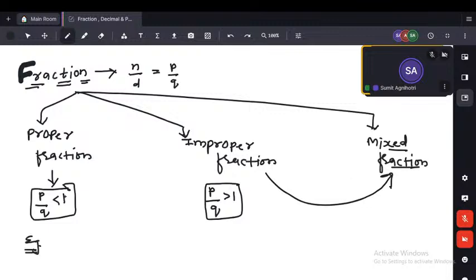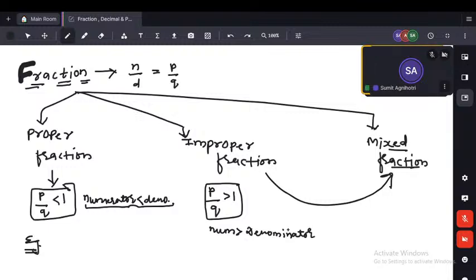When will you get a value less than 1? If your numerator is less than the denominator, then you call the fraction proper. And if your numerator is greater than the denominator, you call the fraction improper.